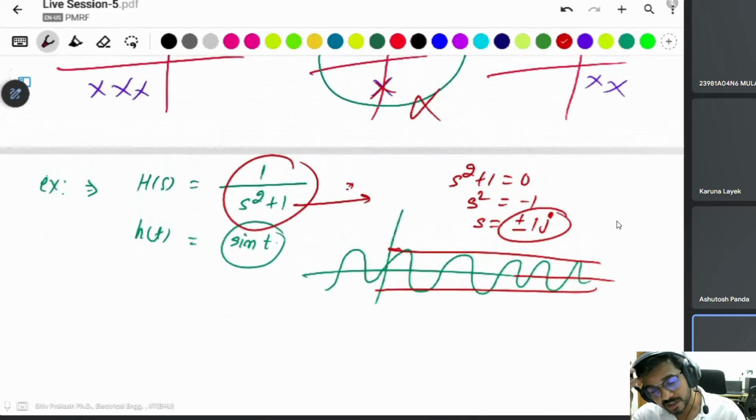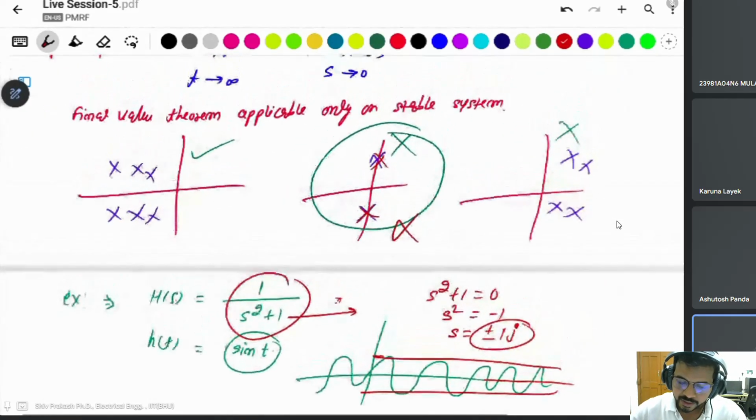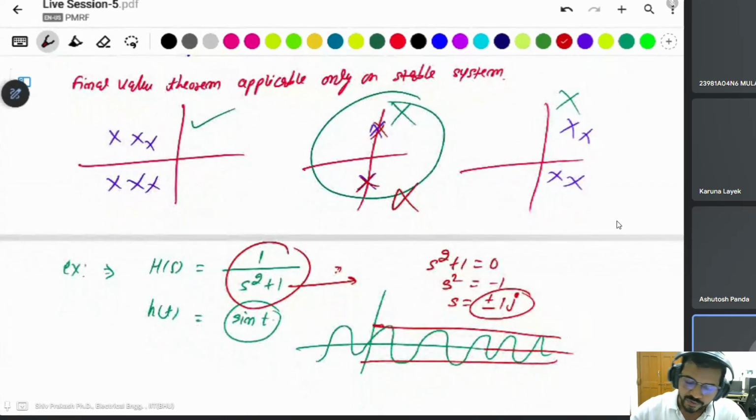Is the screen visible for all? Now visible. Okay, fine. It means you can't apply the final value theorem on a marginally stable system and an unstable system, because you can't directly say what the final value is because of the sine.